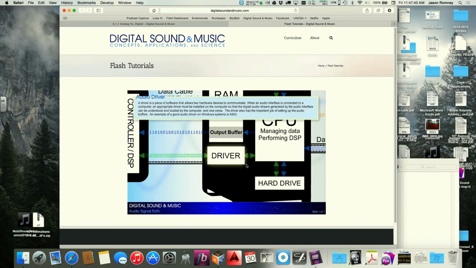And all the manufacturer of the interface has to do is create a driver that operates on that engine. So, for example, with the Mac, it's Core Audio. If you're going to make a driver for an interface, you just have to teach that interface how to speak the language of Core Audio.